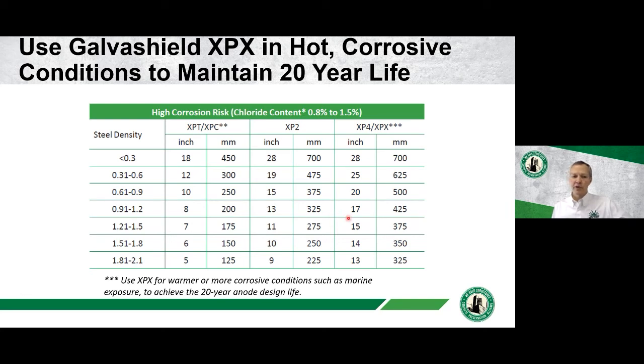If you've got a high temperature, or maybe a high temperature and wet marine environment, you probably would want to use XPX anodes at this spacing, just to make sure that you get the intended 20-year service life, if that's what you want. Again, if you don't necessarily need the 20 years, then you could use any of these other options as well.